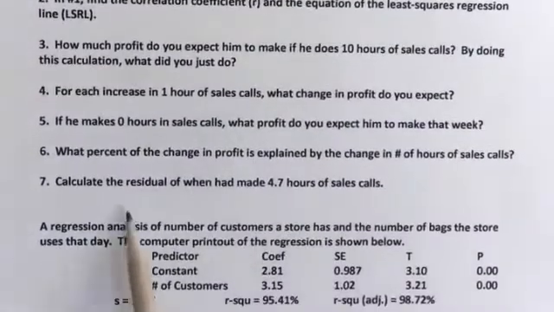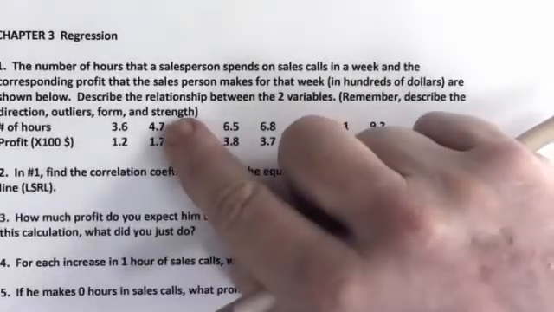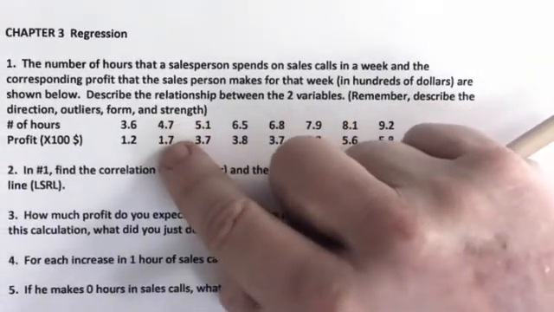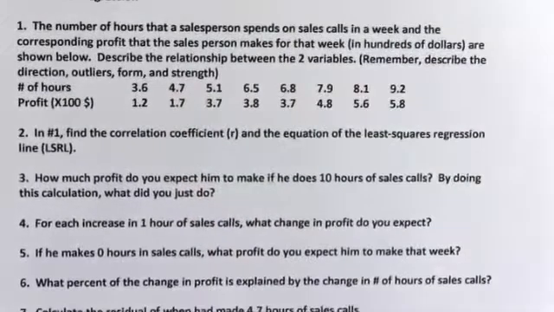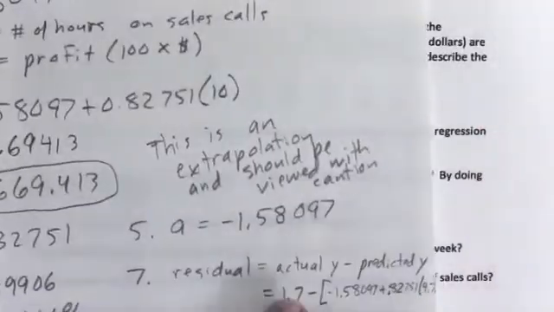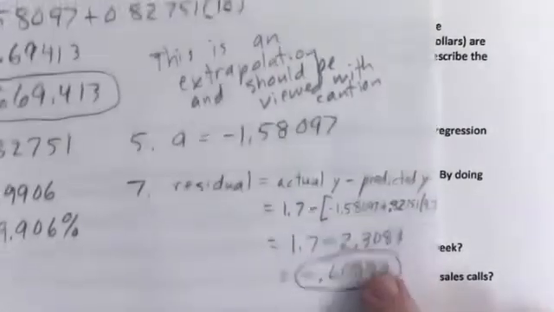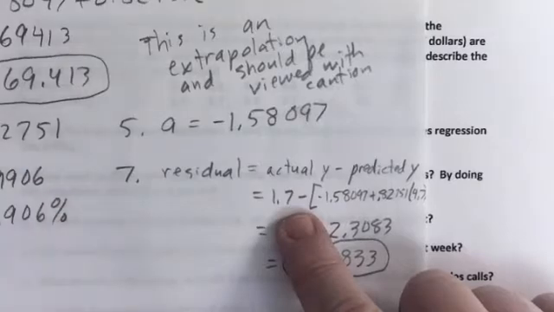Number 7, calculate the residual when there are 4.7 sales calls. That's this point where our X is 4.7 and our Y is 1.7 in profit. The residual is equal to the actual Y minus the predicted Y. It is how far above or below the line our point is. The actual Y value is 1.7.